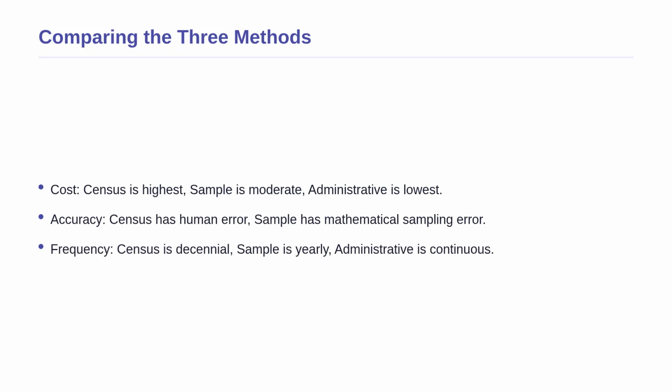A sample survey has mathematical sampling errors but better quality control. Third, in terms of frequency, a census usually only happens every 10 years, whereas sample surveys can be done yearly and administrative records provide continuous data. Finally, their coverage varies from the entire population to very specific groups.